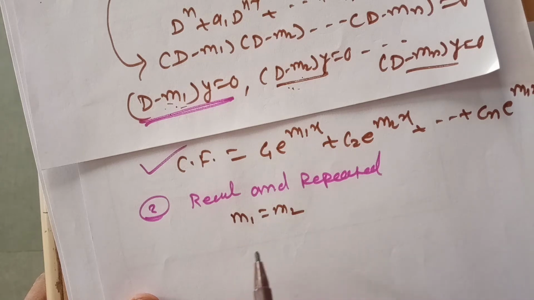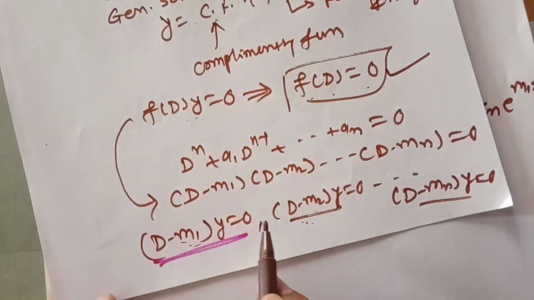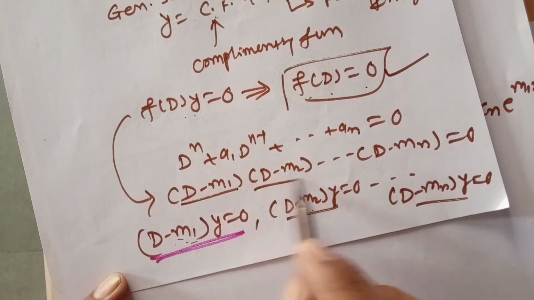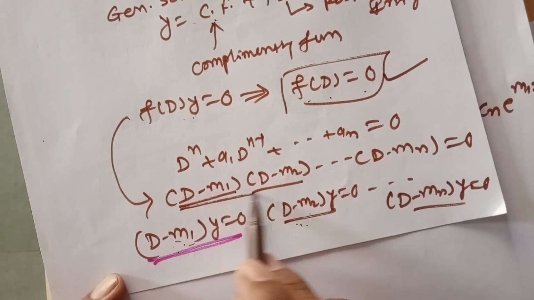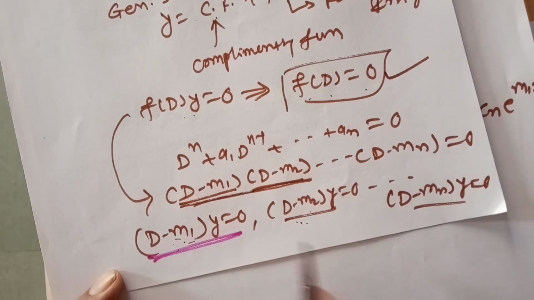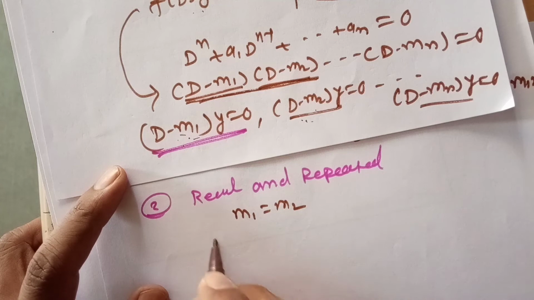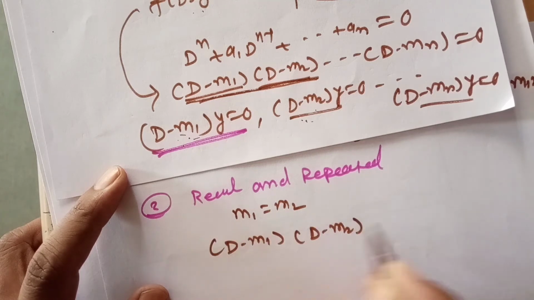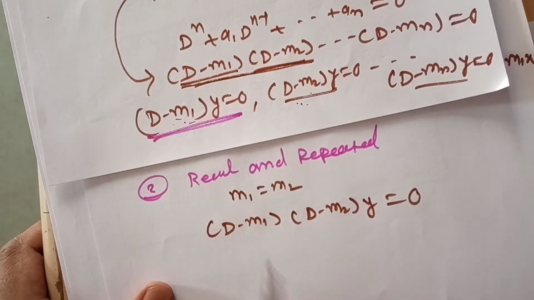Here I will write this equation, which again has factors D minus m1, D minus m2, and so on. I will take first of all these two terms, because the roots are the same: (D minus m1) into (D minus m2) into y equal to 0. And again we know that m1 equal to m2.